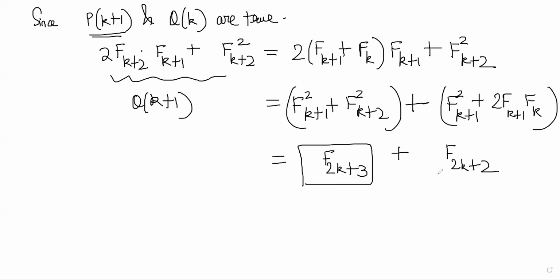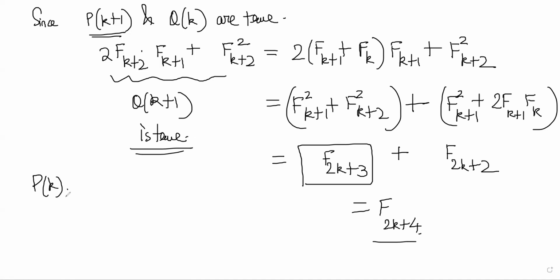So this plus this is equal to f of 2k plus 4, and that shows that q of k plus 1 is true. So basically what we have done so far is, if pk and qk are true, it implies p of k plus 1 is true.